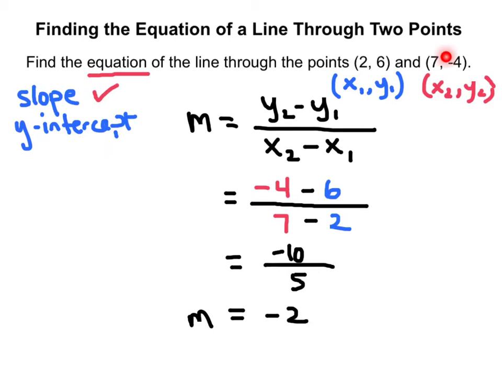So we'll use our experience from the previous examples: if you know the slope and a point that the line passes through, then we're almost done once we plug the ordered pair into our equation.